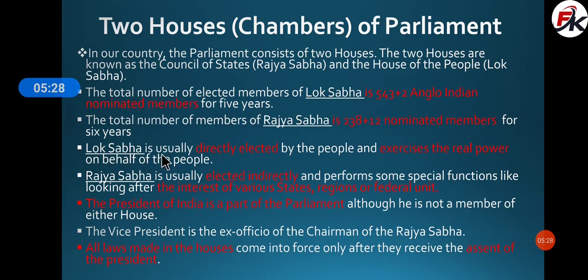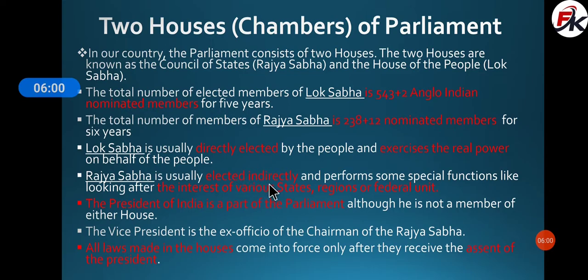Lok Sabha is usually directly elected by the people and exercises the real power on behalf of the people. Whereas Rajya Sabha is usually elected indirectly and performs some special functions like looking after the interest of various states, regions, or federal units like our union territories.